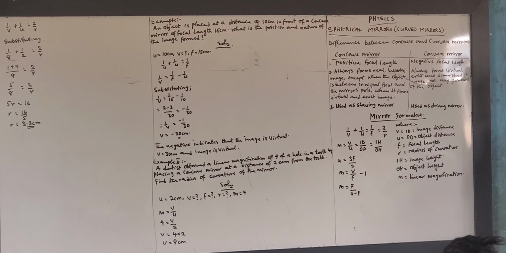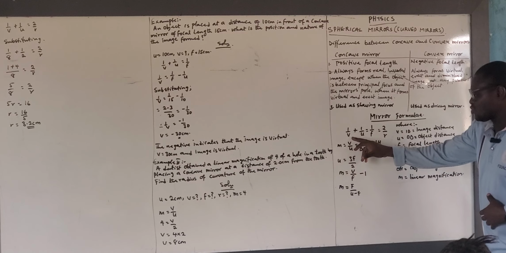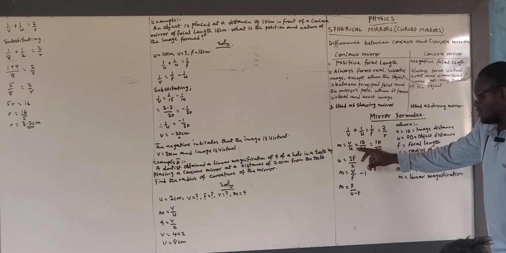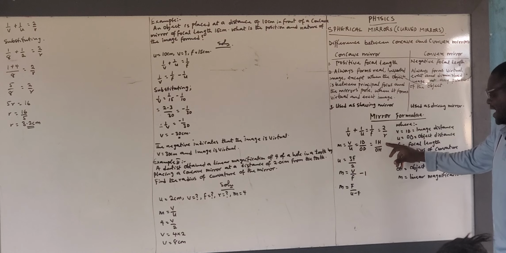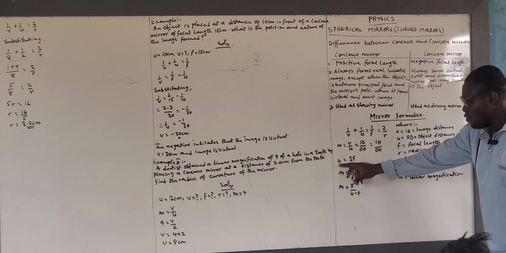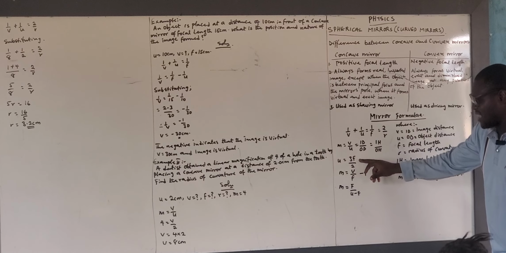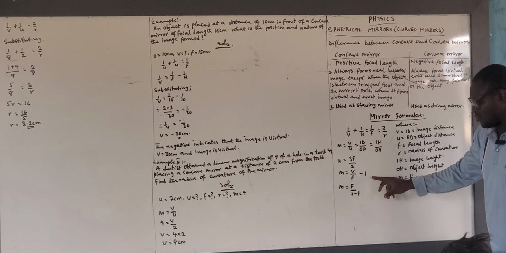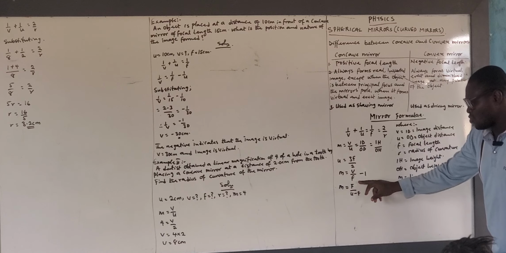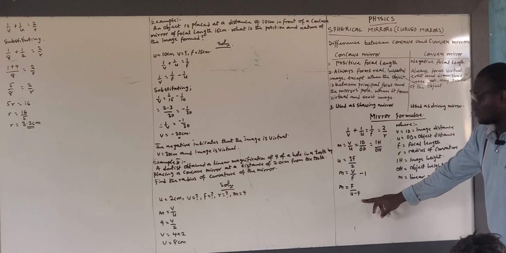Then, in that, we can say that M is equal to v all over u, equal to ID all over OD, equal to IH all over OH, which we have u is equal to 3f all over 2, M is equal to v all over f minus 1, M is equal to f all over u minus f.